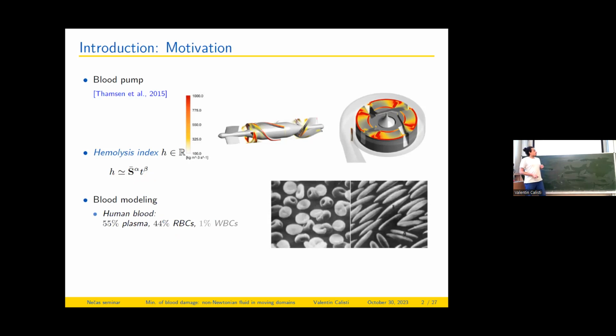Human blood is mainly composed of plasma, let's say 55% of plasma, 44% of red blood cells, and also a few white blood cells. Plasma is a Newtonian fluid, more or less like water. But due to the interaction with the red blood cells, which are depicted here, for a low level of stress represented here and for a high level of stress here, overall the blood will have a kind of non-Newtonian behavior.